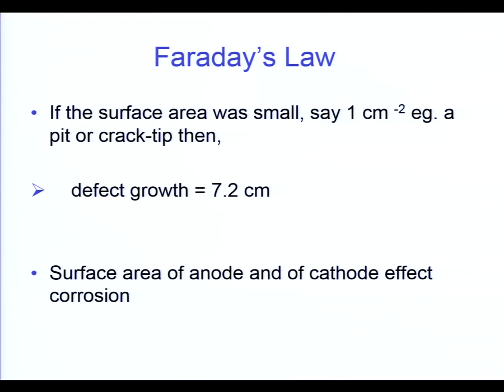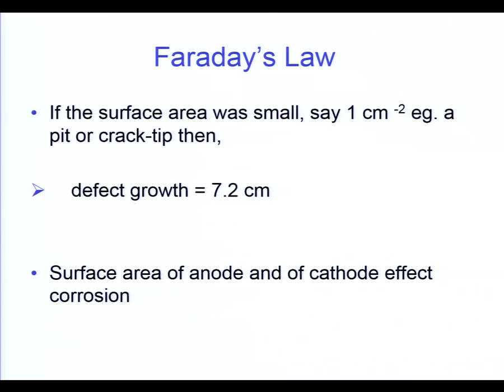If you have a small cathode, and a small anode connected to that cathode, then you're going to get quite rapid corrosion of the anode. If you have a large anode, then it's going to be much slower in terms of loss of through section thickness.